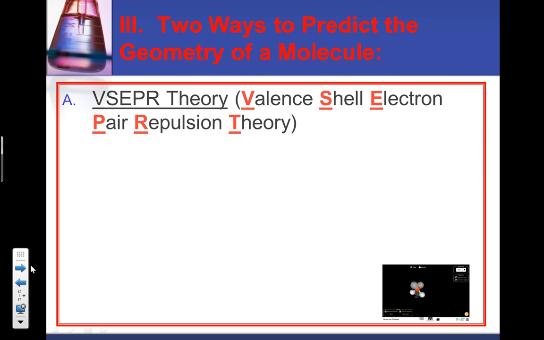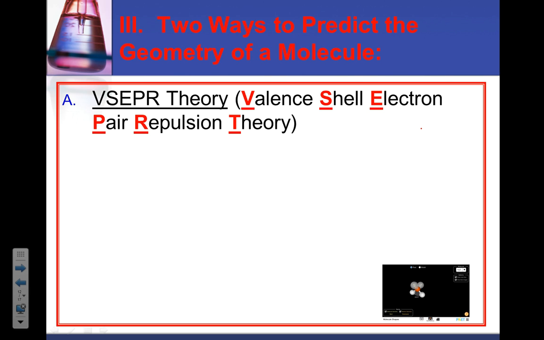VSEPR is actually an acronym that helps us remember the first letter of each word in this theory, and that is the valence shell electron pair repulsion theory. Now remember, when we draw our Lewis structures, our electrons come in pairs: one electron spinning clockwise, the other spinning counterclockwise, when you go back to your spin quantum number.